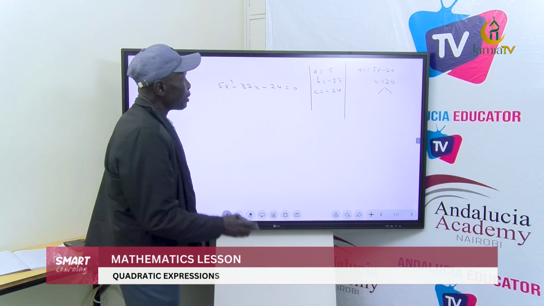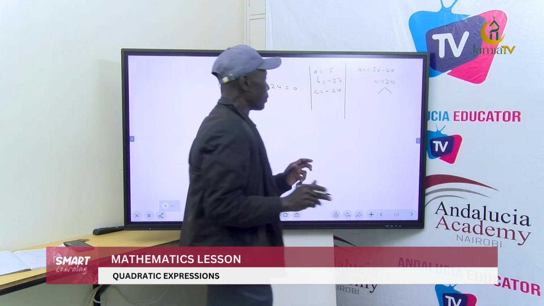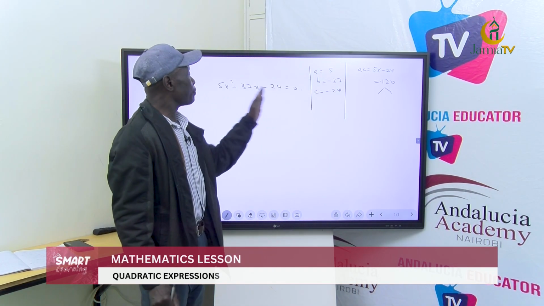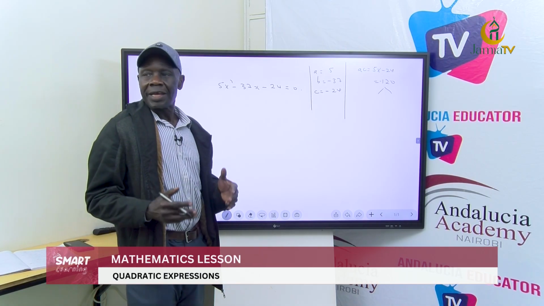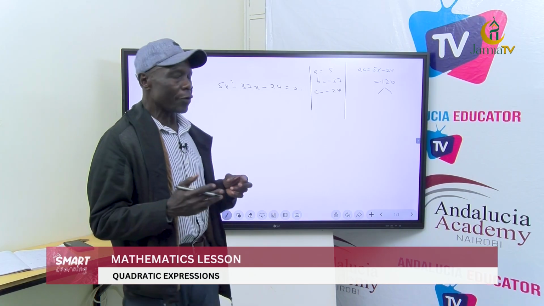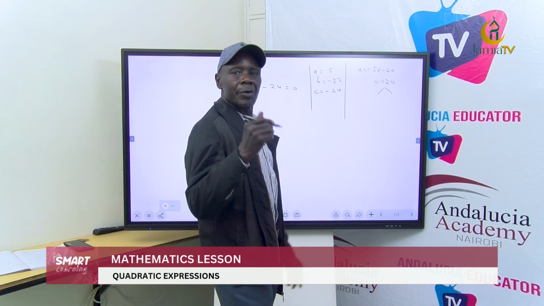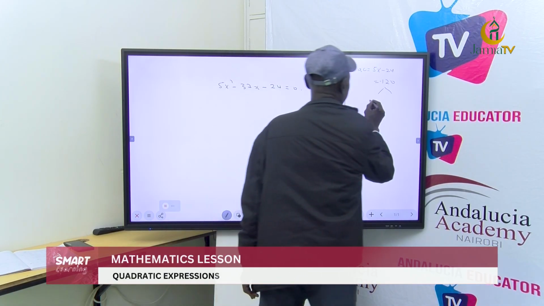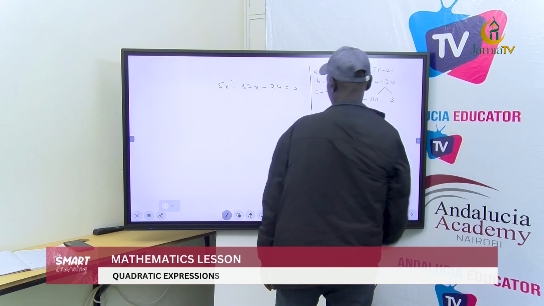Now, sometimes when you practice, it becomes so easy because you need two numbers which, when you multiply, will give you negative 120, and when you add, will give you negative 37. 3 and 40 should come to your mind. And 40 will be numerically bigger than 3, so we have negative 40 and positive 3.